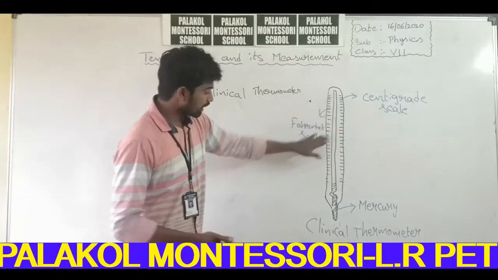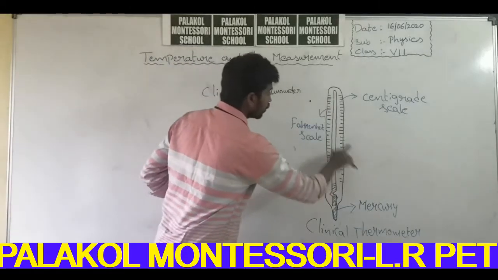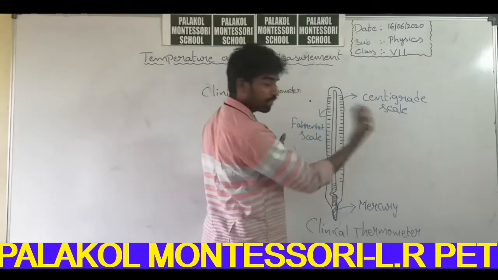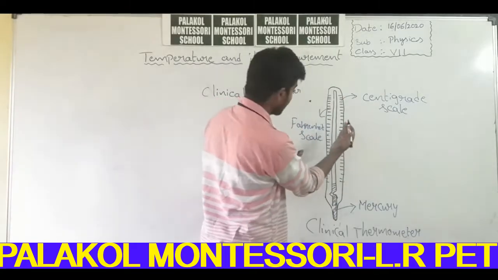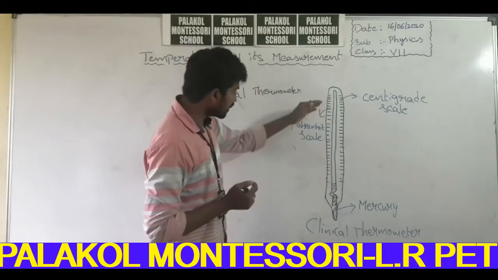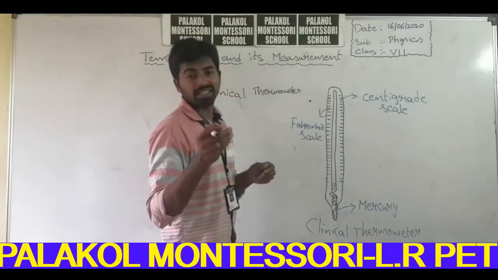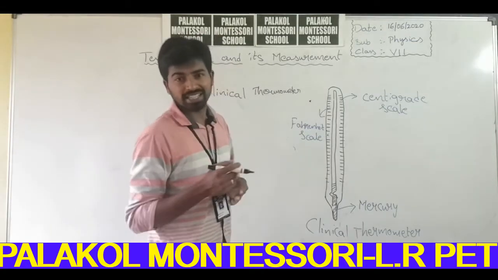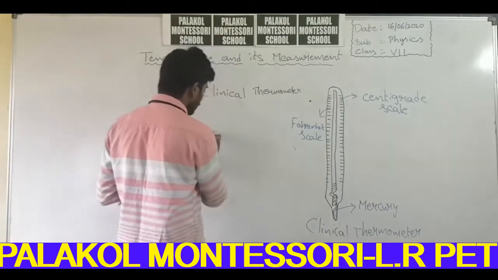You can observe here that it consists of two divisions. On one side you can observe some lines, and on the other side you can also observe scale divisions, similar to the divisions on a scale. Everyone has a scale, right? Can you observe the divisions on the scale?